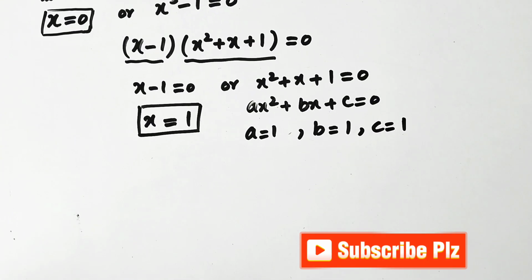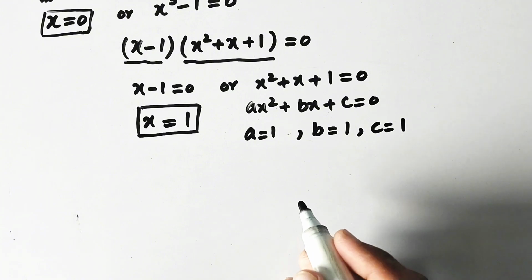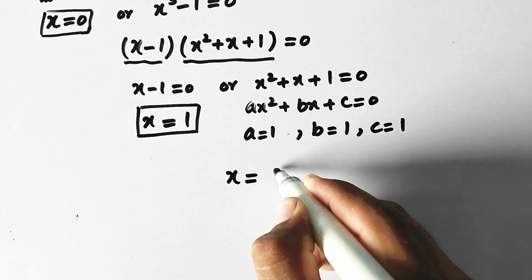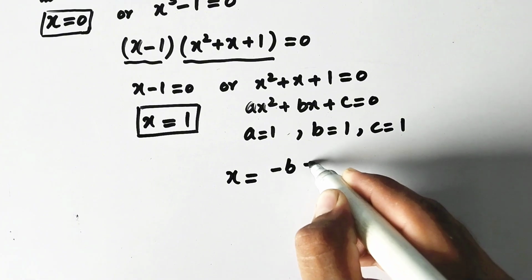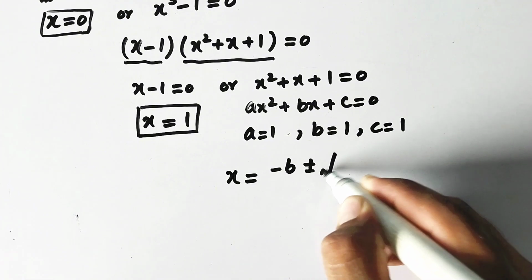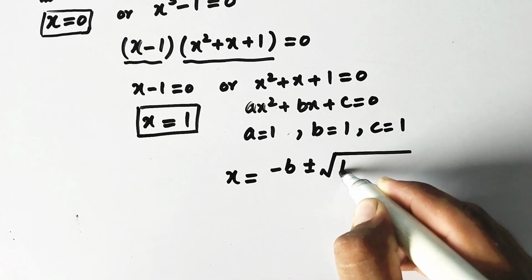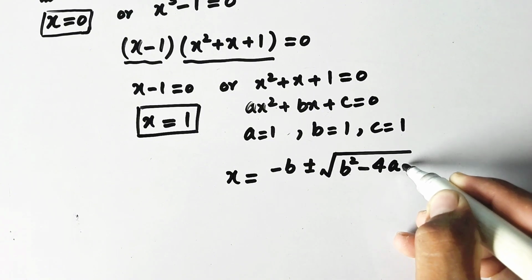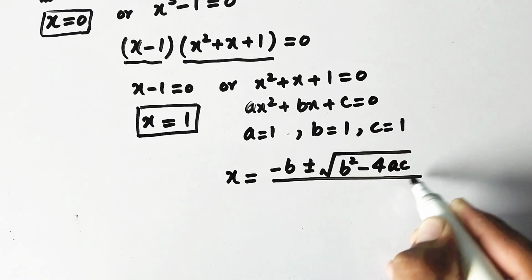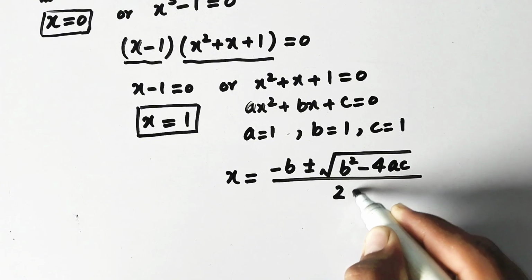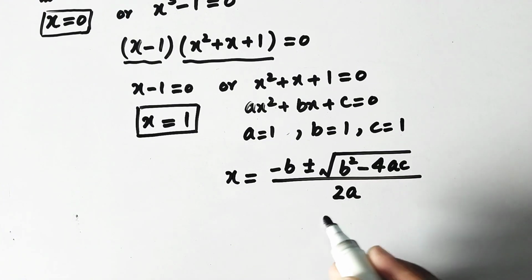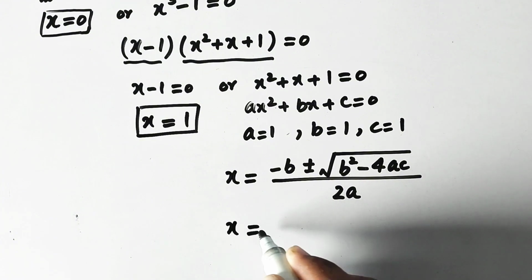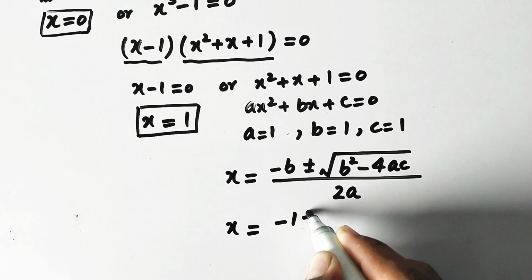And the quadratic formula for the value of x is, as we know, minus b plus or minus root of b square minus 4ac over 2a.